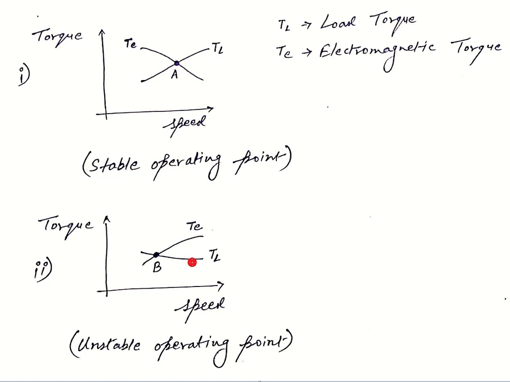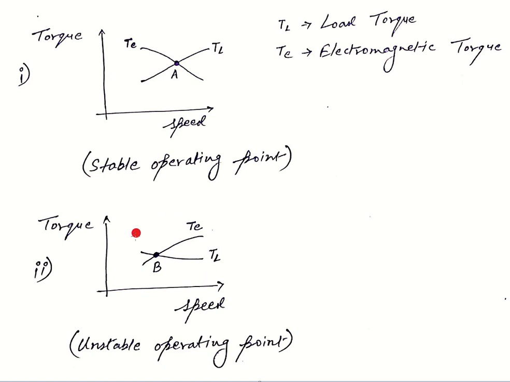So there will be an acceleration of the motor load system, and this will try to increase the speed of the motor further. So again, the speed of the system will not tend to move towards point B, but it will be moving away from point B.